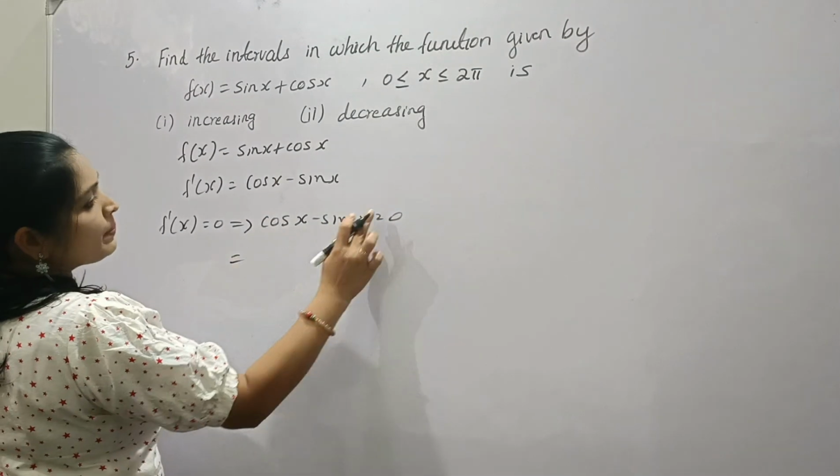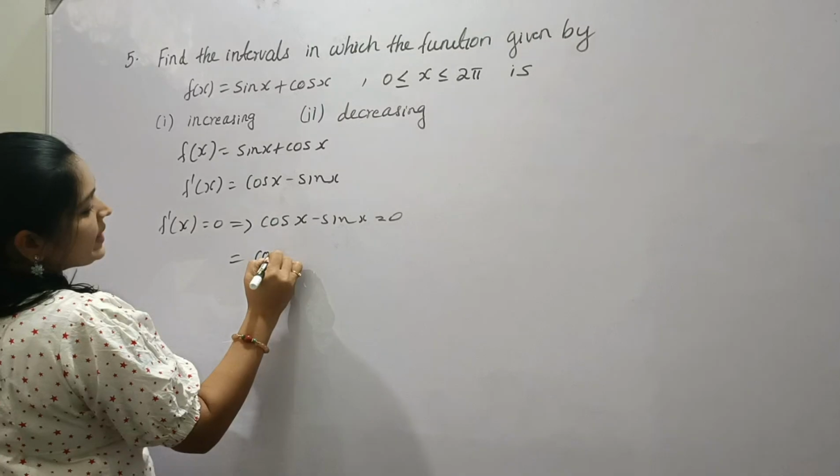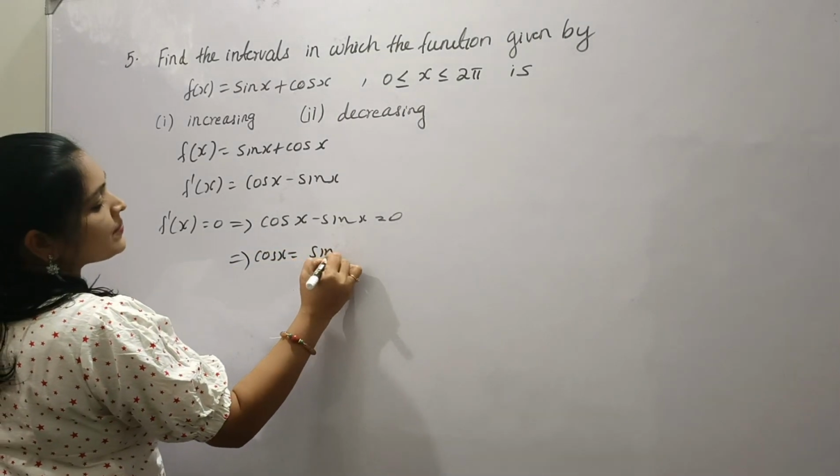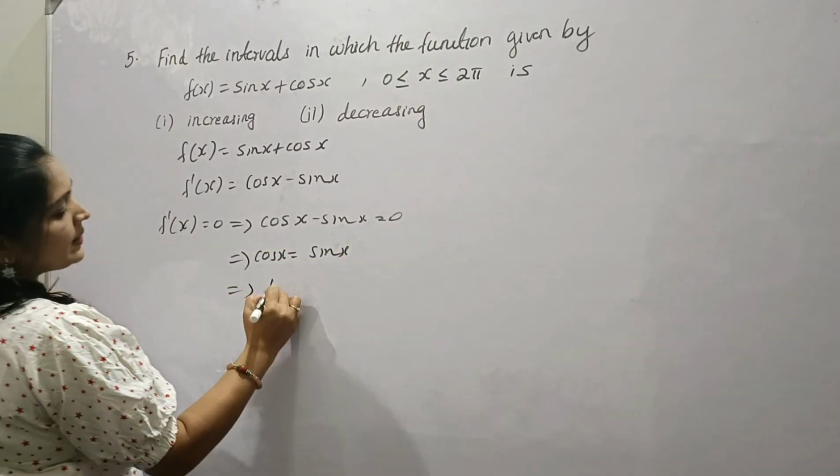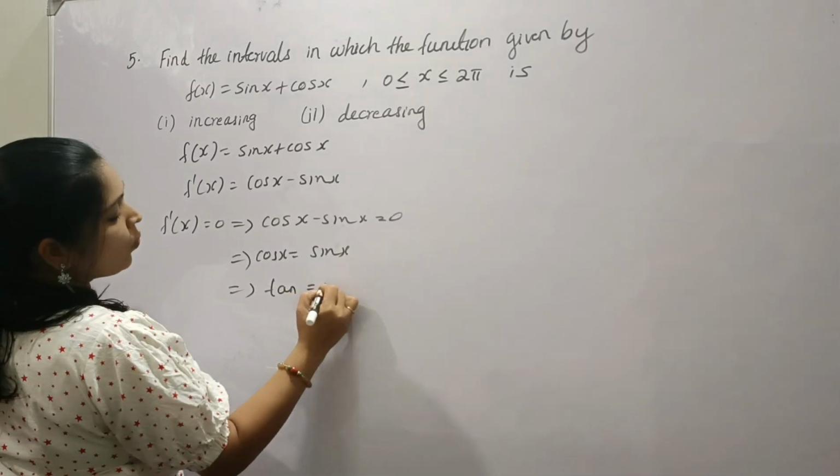Then we will find the critical points. For that, put f dash of x equal to 0. That implies cos x minus sin x is equal to 0, that implies cos x is equal to sin x. That is tan x is equal to 1.